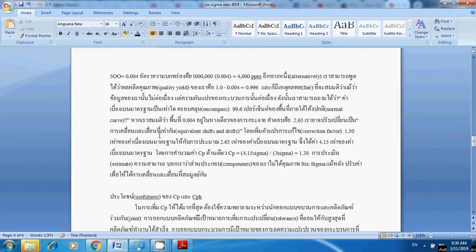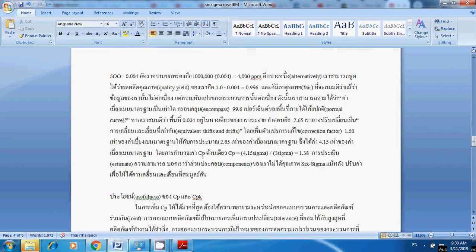Then we can adjust to the equivalent shift and drift by adding the correction factor of 1.5 sigma to the estimate 2.65 sigma, which will be equal to 4.15 sigma.